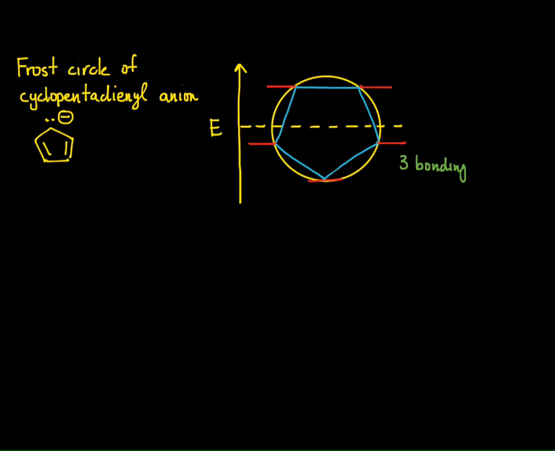And the 3 bonding orbitals have 6 pi electrons. Notice they're lower in energy than your isolated pi orbital. And again, it's very similar to the structure of benzene, where you have all 3 bonding orbitals filled.